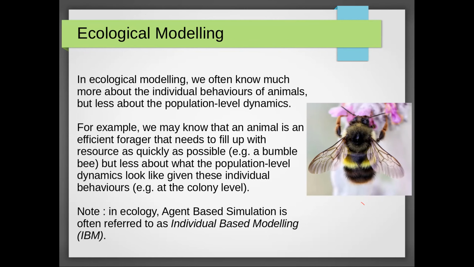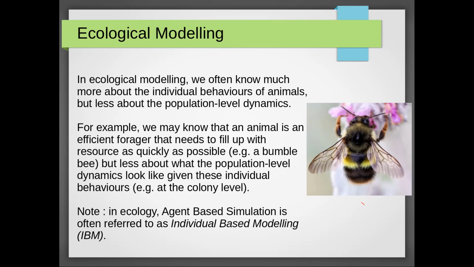So with these kinds of approaches, we can code in the individual-level rules of thumb, the simple rules that we can apply, and then see what happens as all of those individuals following these simple rules interact with the environment and with each other, and what kind of emergent behavior emerges.